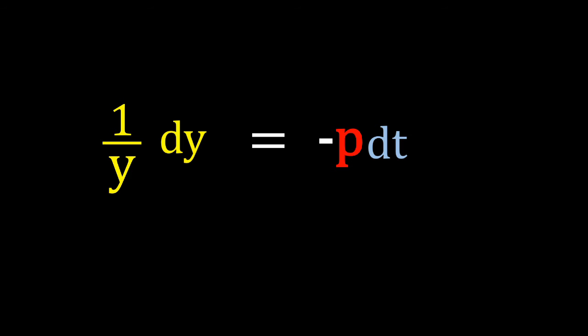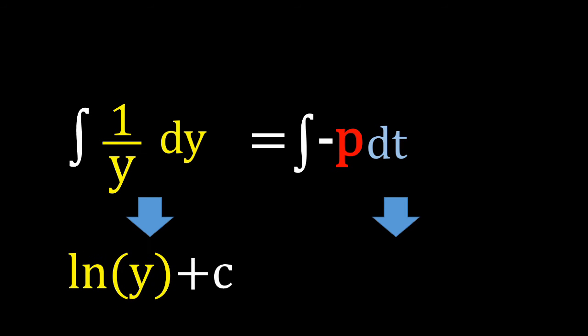Since t does not appear in this expression, then it's basically negative p dt. So some constant times dt. And just like in the example before, we'll go ahead and just integrate it and then solve for y. Doing that gives us the log of y plus c is equal to c sub 2 plus negative pt, where c and c sub 2 are two constants.